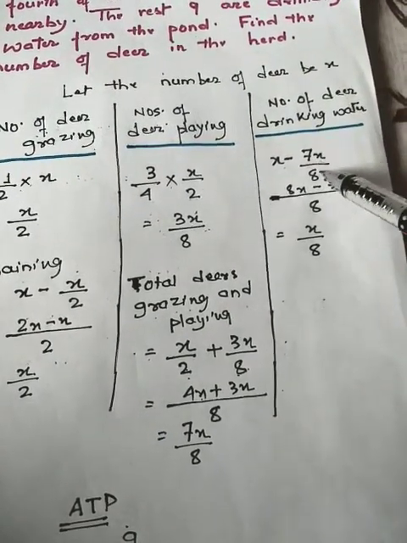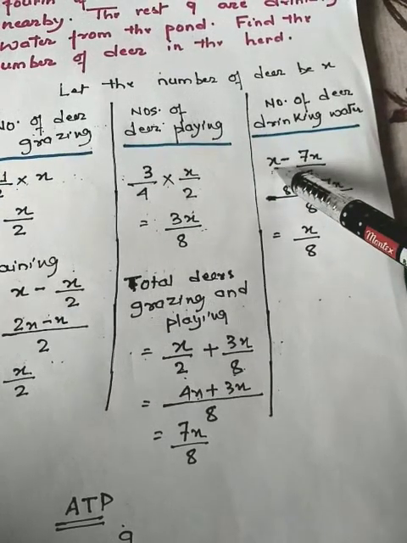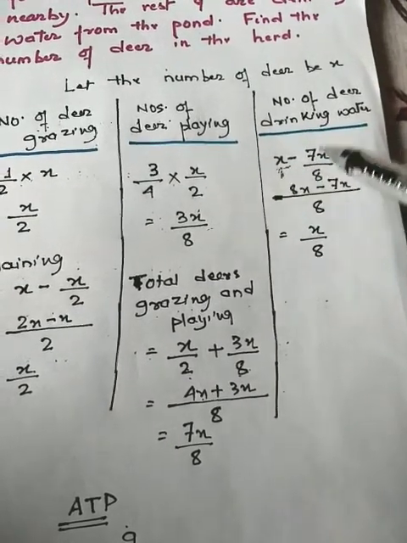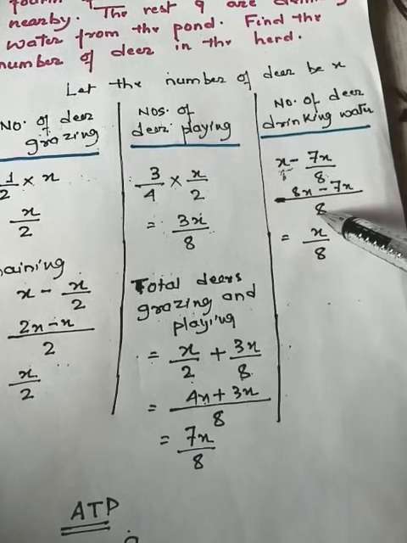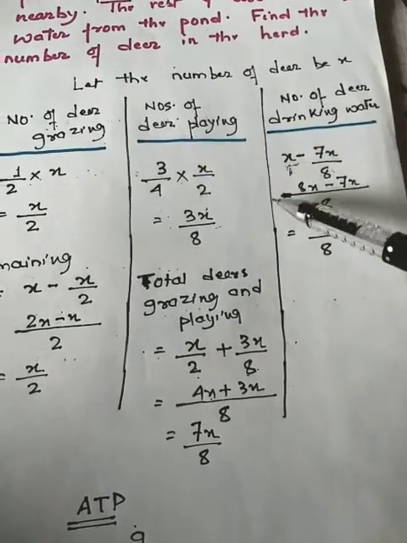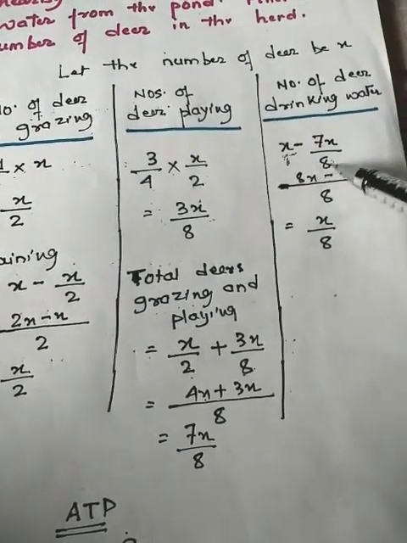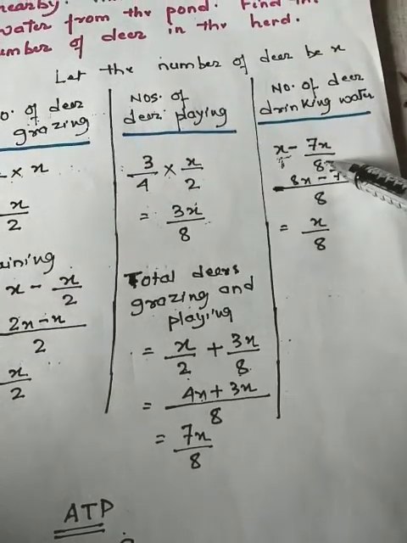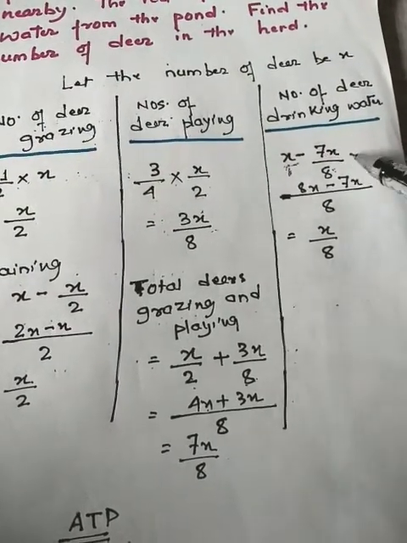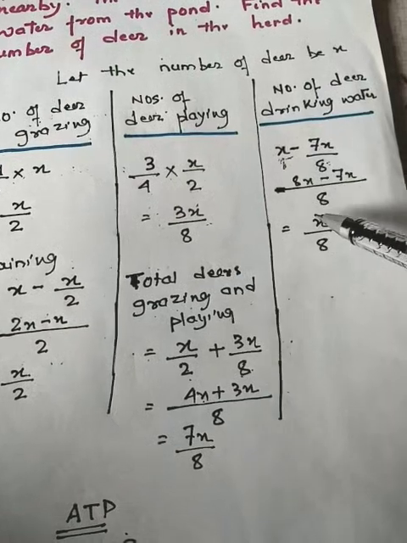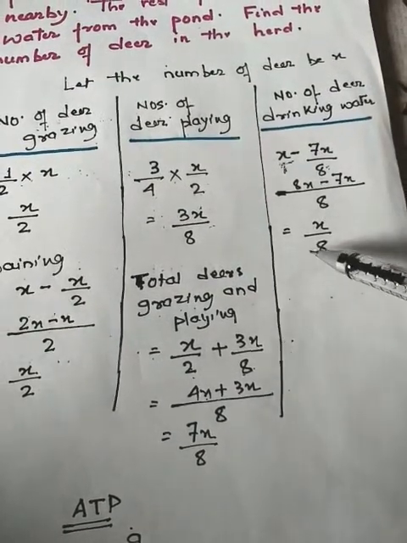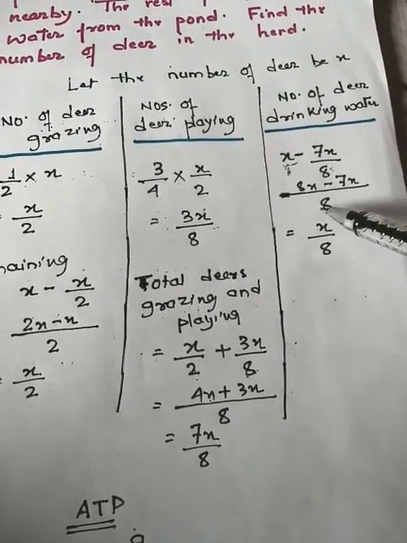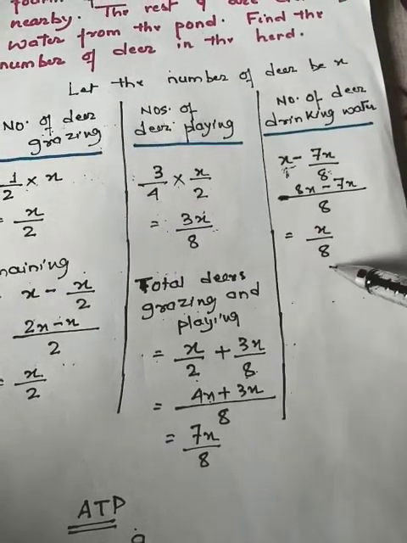So x minus 7x by 8: x carries 1 as a denominator, so the LCM of 1 and 8 is 8. 8 into x is 8x, minus 1 into 7x, 7x. If you subtract it, you will get x upon 8. So this much of deer is drinking water.